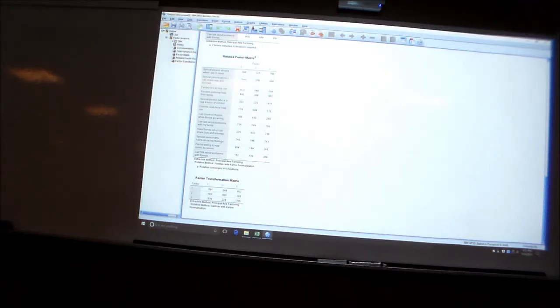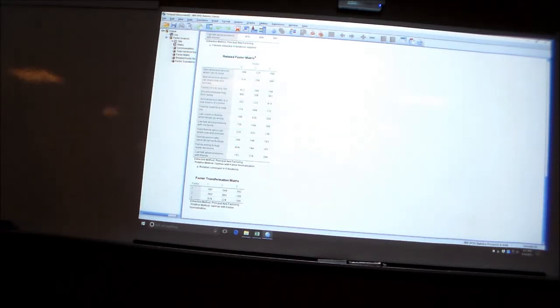And here we start to see very clear patterns. If we take a look at our first factor, at the items loading high on this first factor and low on the others: family tries to help me, I receive emotional help from my family, I can talk about problems with my family, family is willing to help me make decisions.